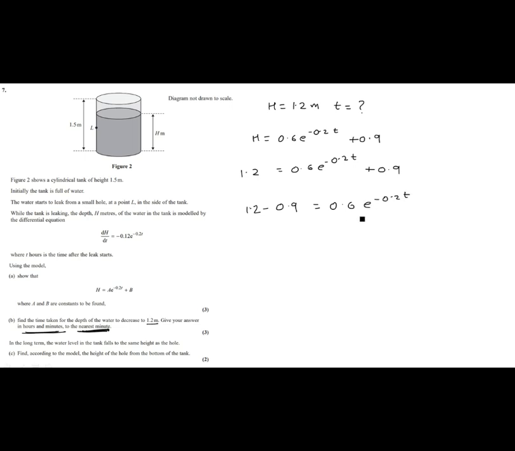We don't need to show so many steps, you can simplify this quickly. So this will be 0.3 and we divide both sides by 0.6, then this becomes e to the power minus 0.2 t. So 0.3 divided by 0.6 is half, equals e to the power minus 0.2 t.